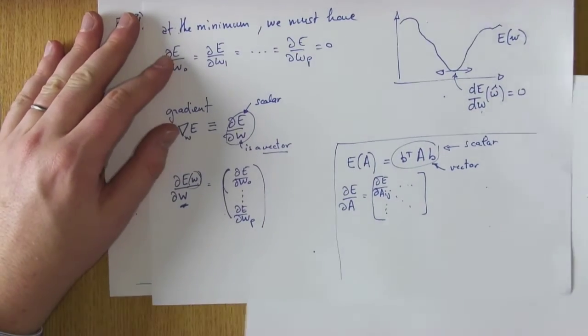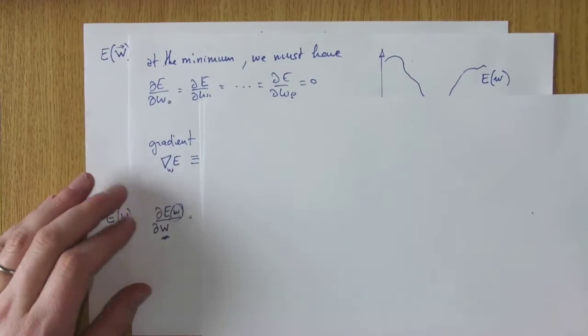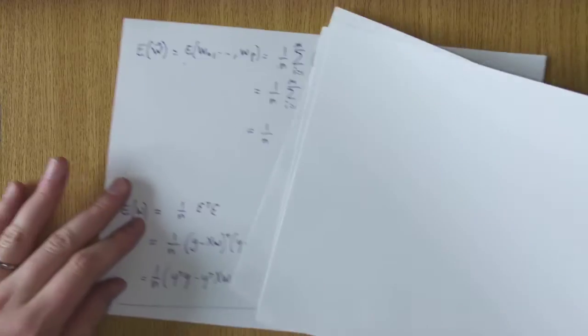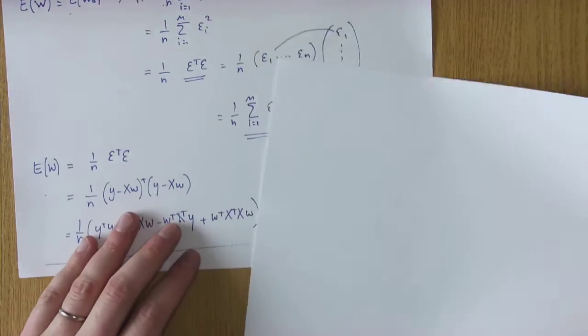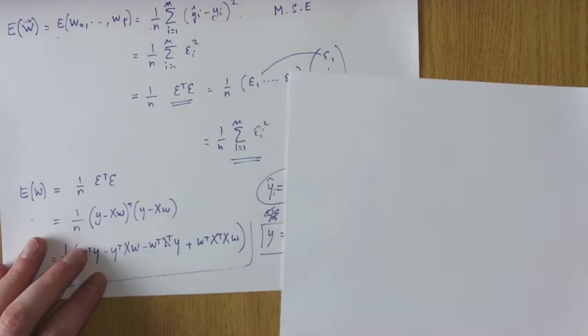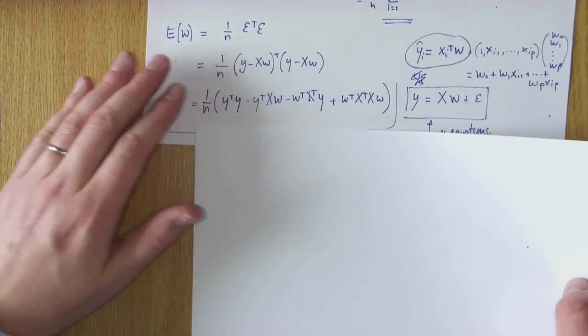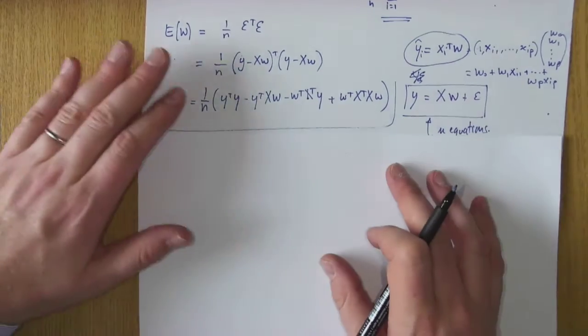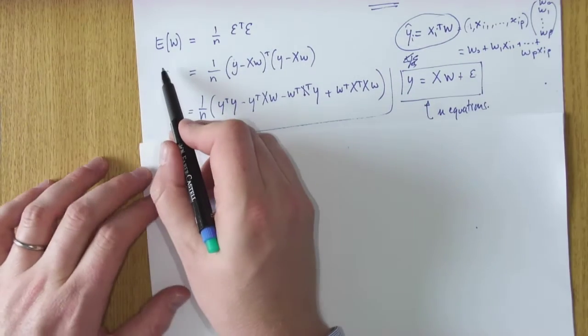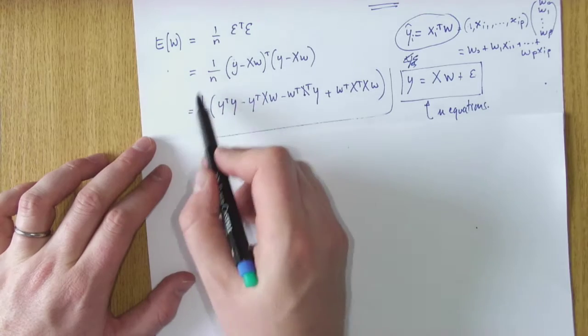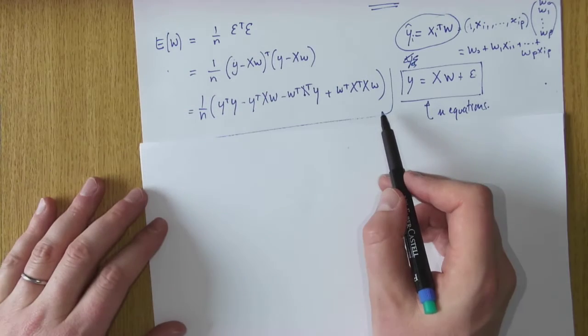Coming back, what we have is the loss function expressed in the matrix form.